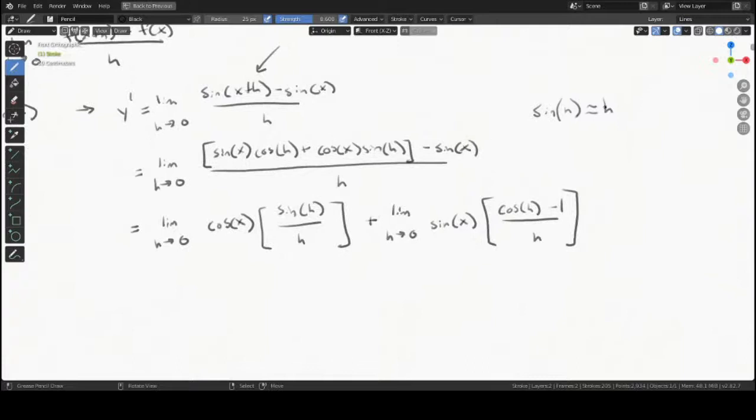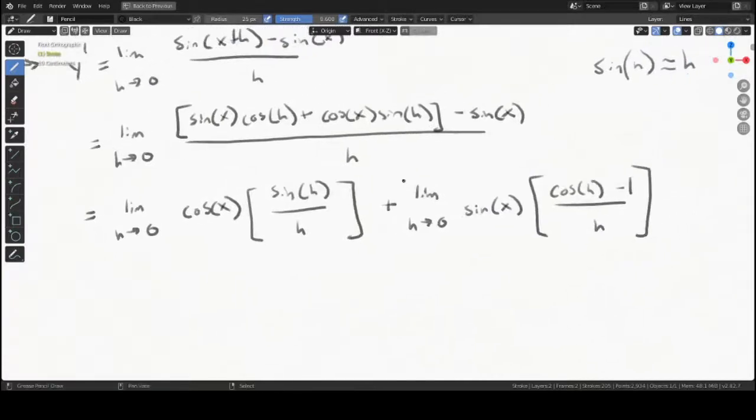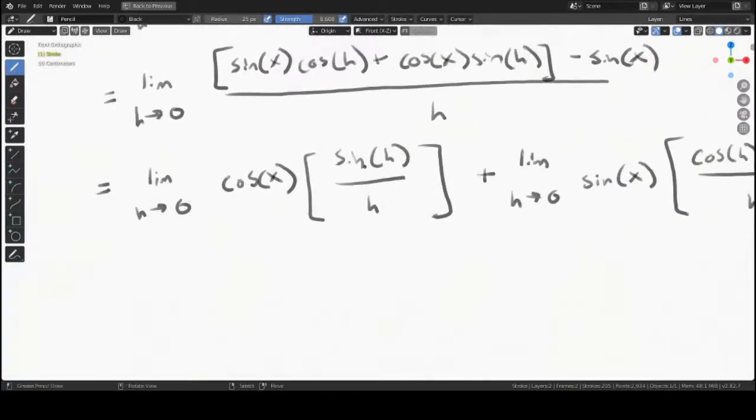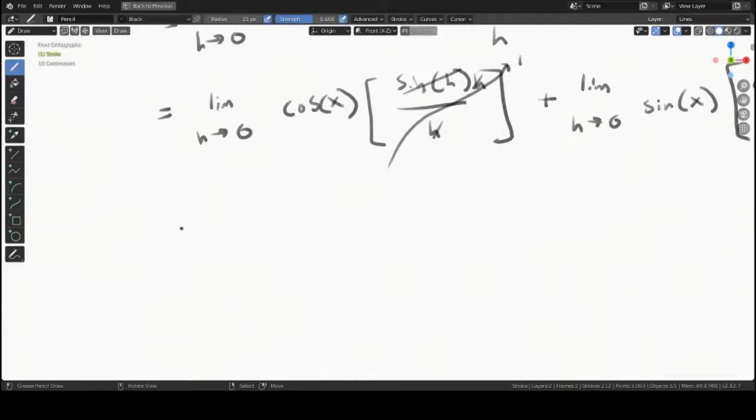So as h goes towards 0, sine of h approaches h, we can cancel these out, and this whole term goes to 1.